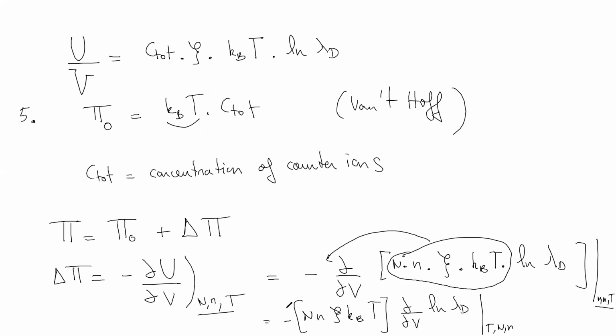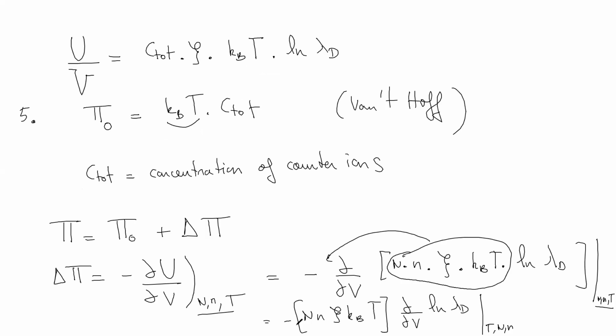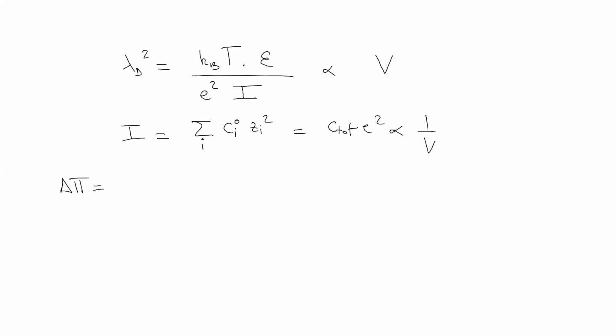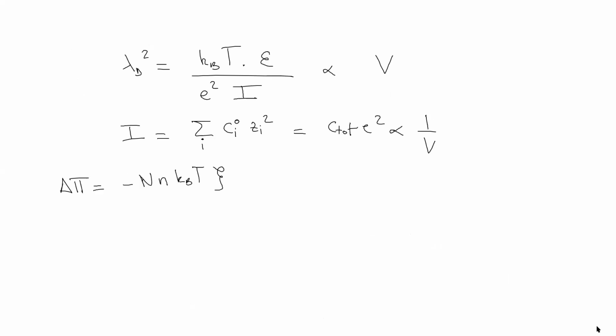So again, my result is that delta pi is minus plenty of things, and then the derivative with respect to V of log lambda D. I can put a square here and a 1/2 here if I want.